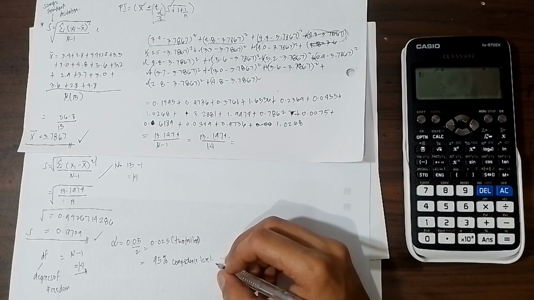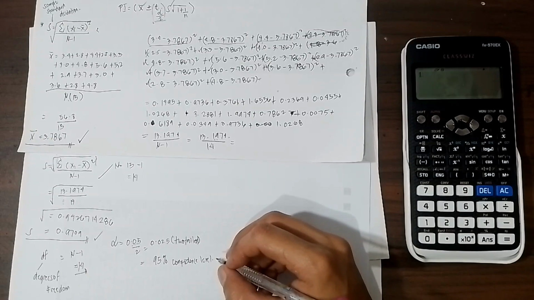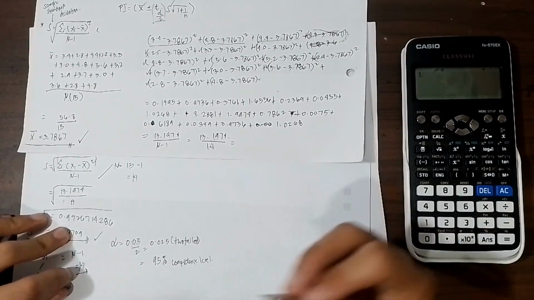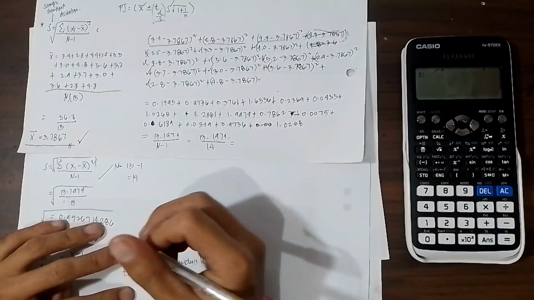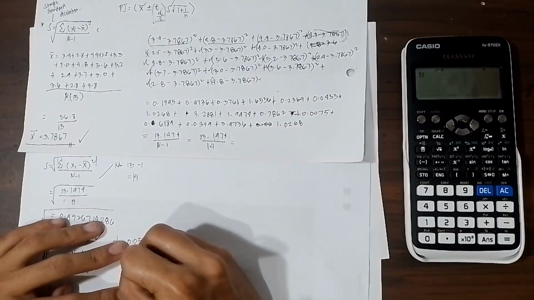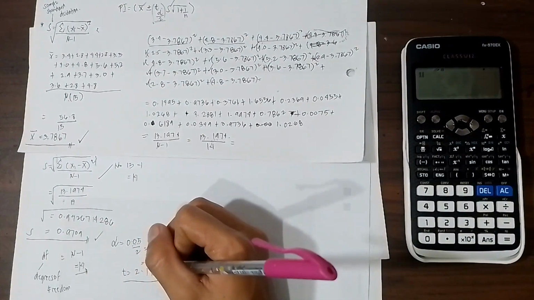As we see, the value for 0.025 two-tailed, or the 95% confidence level, the t-score is 2.145. So that's the value of our t-score, or t-value.